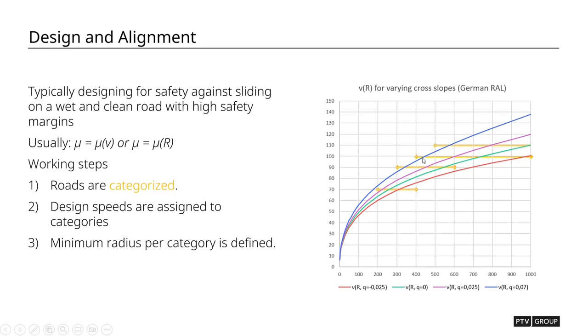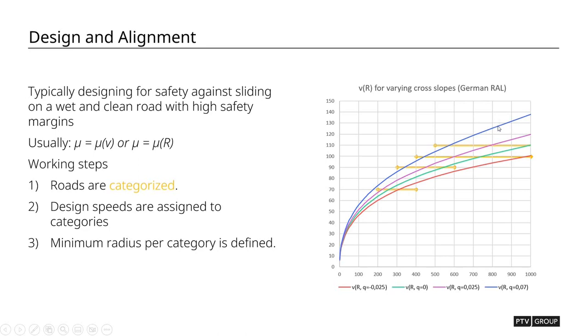So roads are categorized. You see that here, for design speeds. So for example, a minor autobahn in Germany would have a design speed of 110 kilometers per hour. And then this is taken as ground to tell the radius.